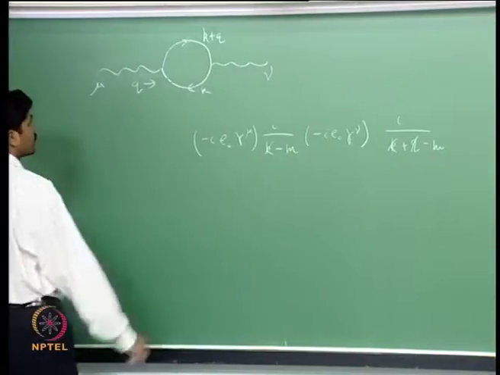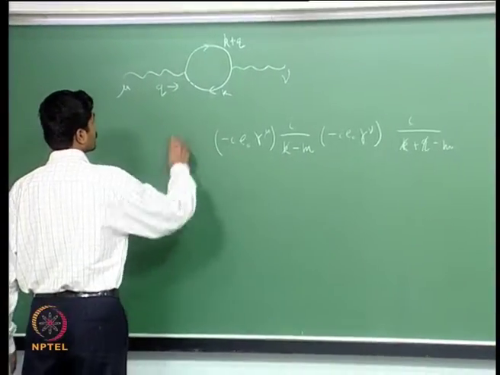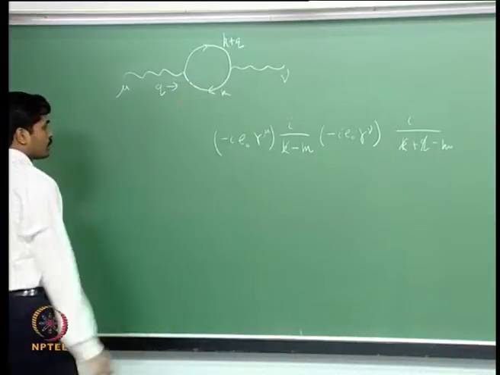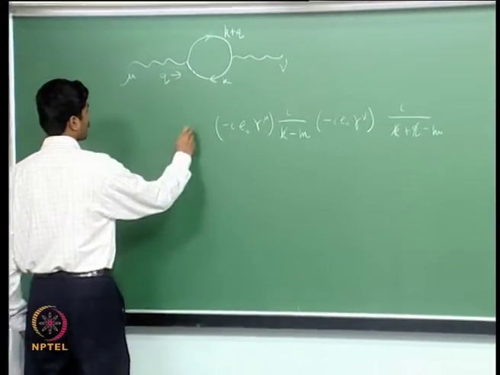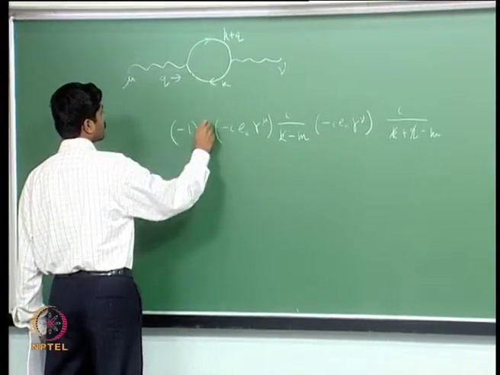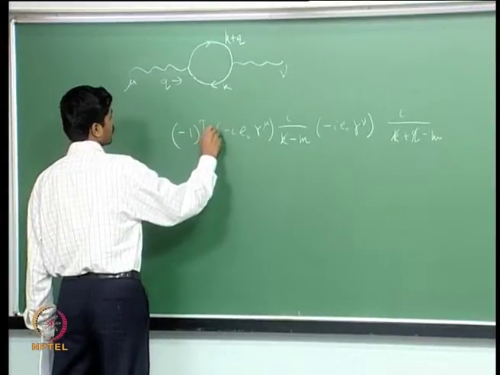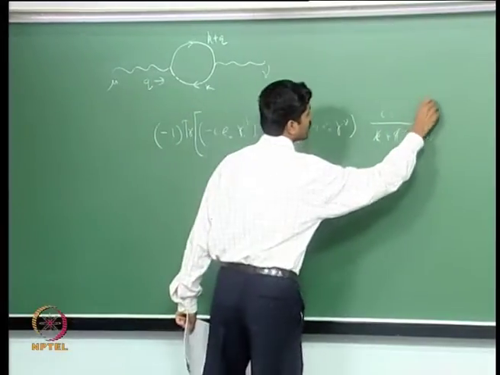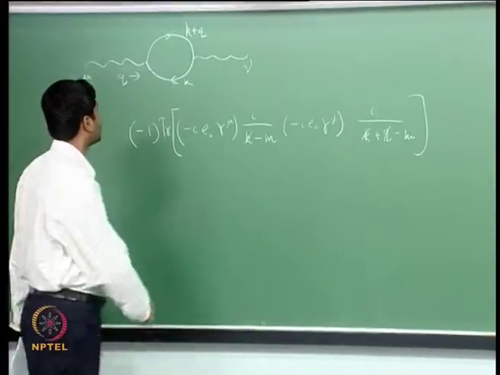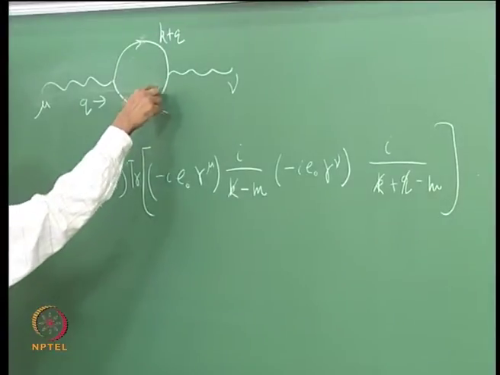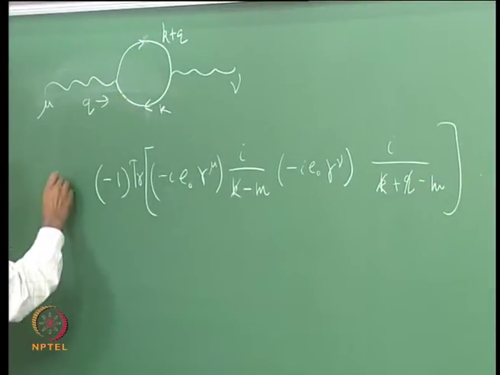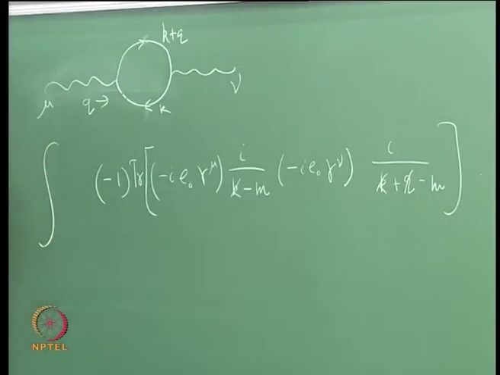There is a closed fermion loop for which you have to put a factor of minus 1, and you need to trace over this, and because there is a loop here, you have to also integrate over the loop variable k.